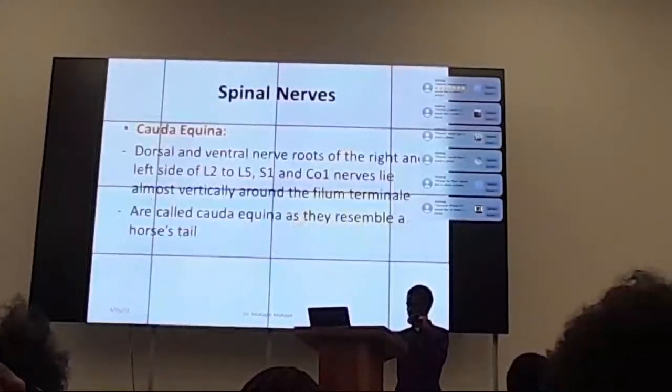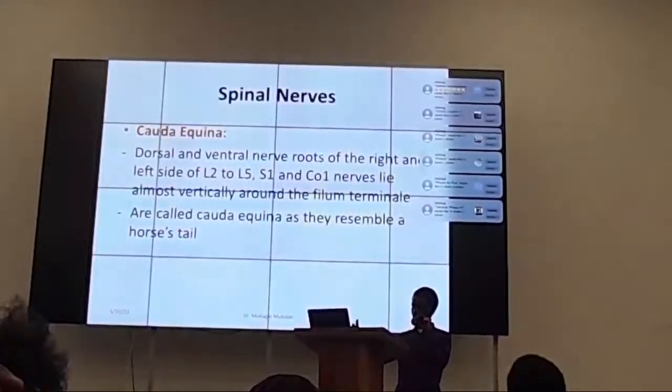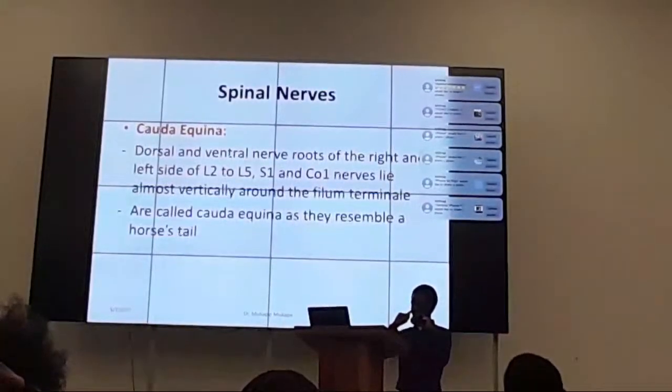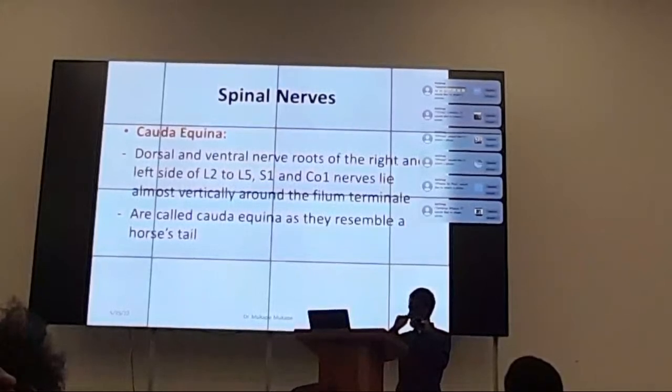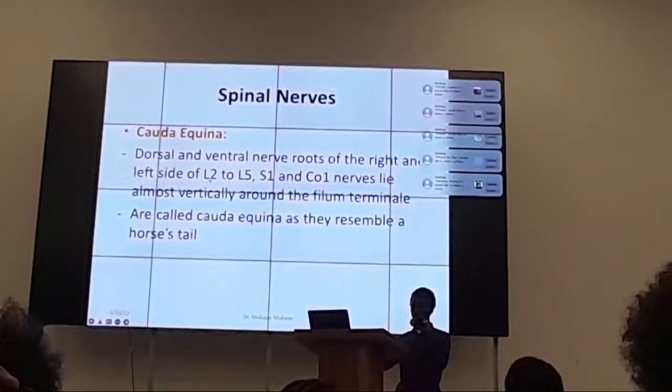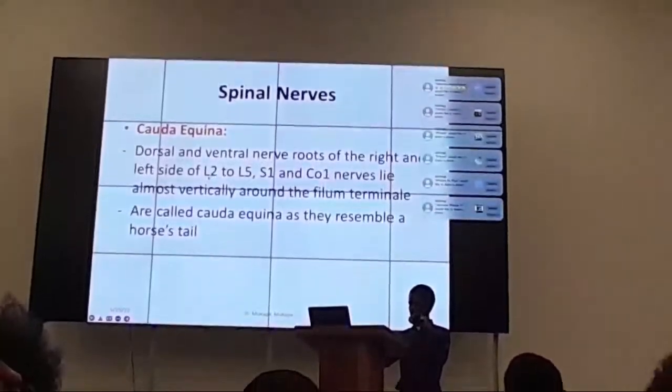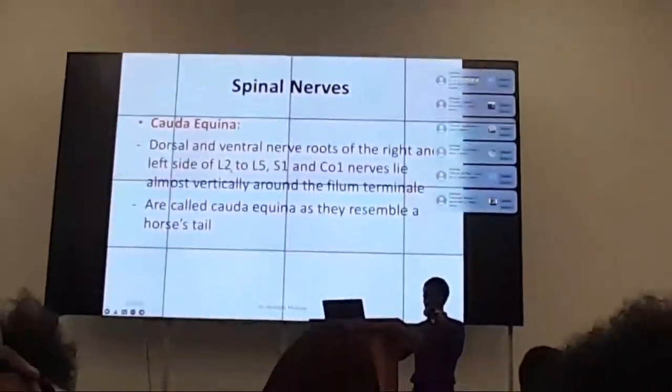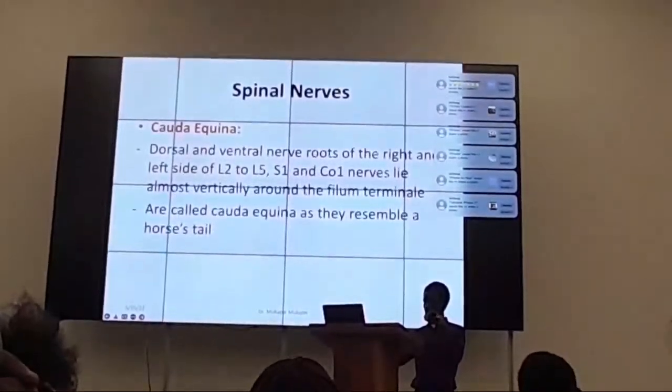Cauda equina, I've already highlighted the cauda equina nerves. Specifically, you can say from L2 to coccygeal 1.